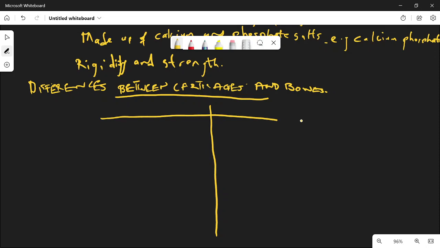Here we have cartilage, and here we have bones. So number one, cartilages are made up of mainly living cells.